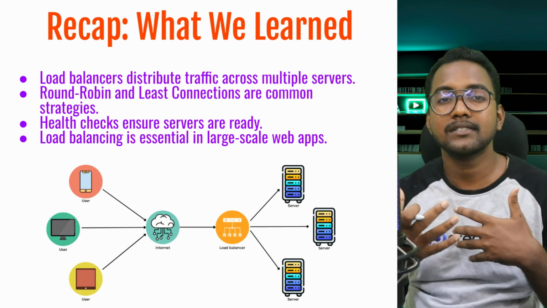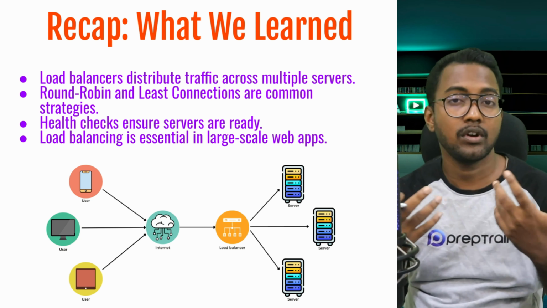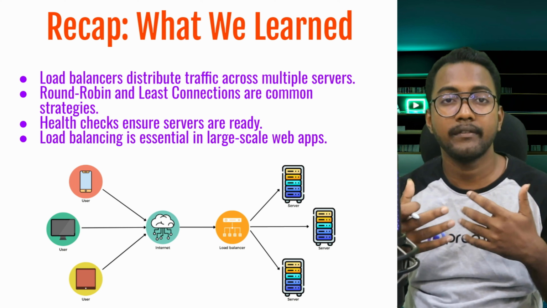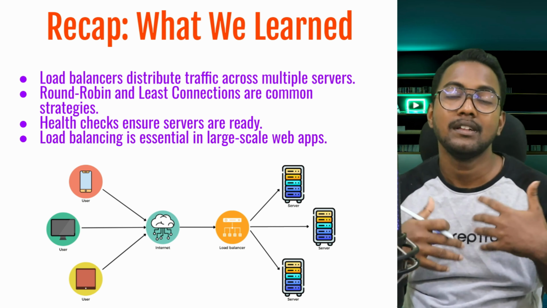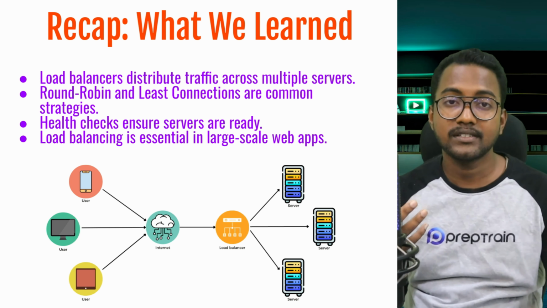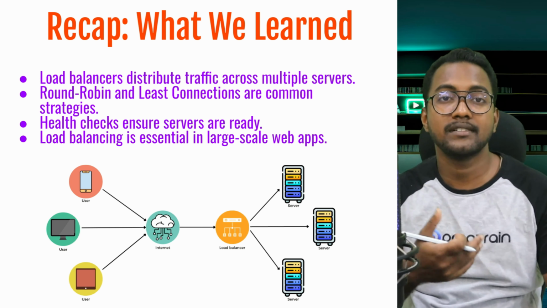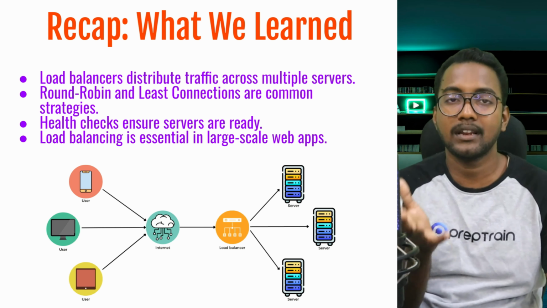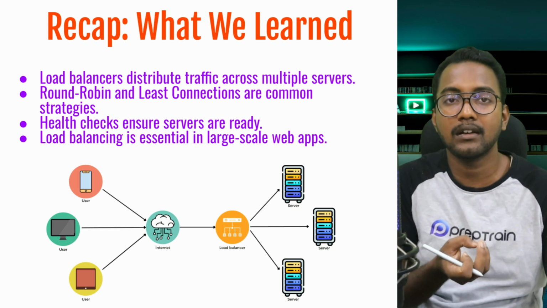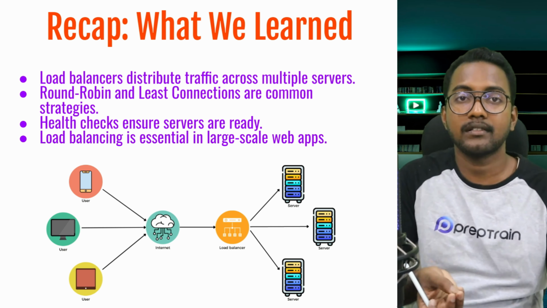Next, we discussed two common load balancing strategies. Round robin, where traffic is distributed evenly in a cyclic fashion, making it a simple but effective method. We also discussed least connections, which is a more intelligent approach that sends requests to the server with the least amount of current traffic, ensuring faster response time and better resource utilization.